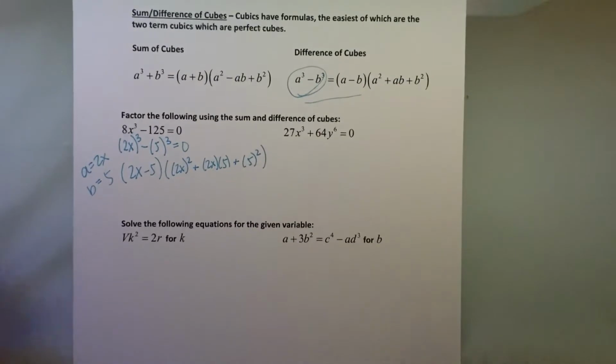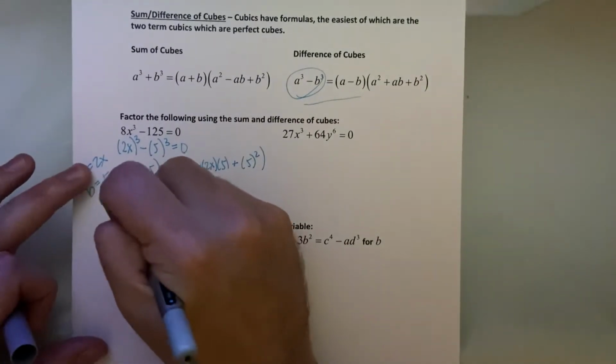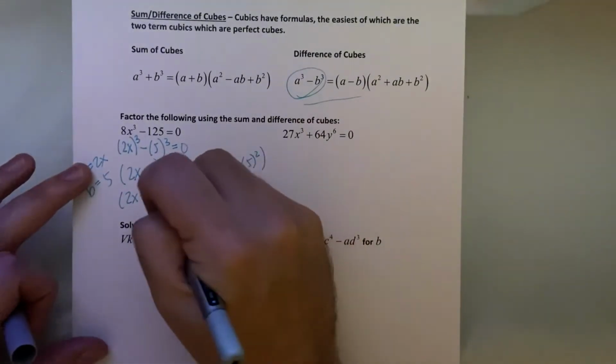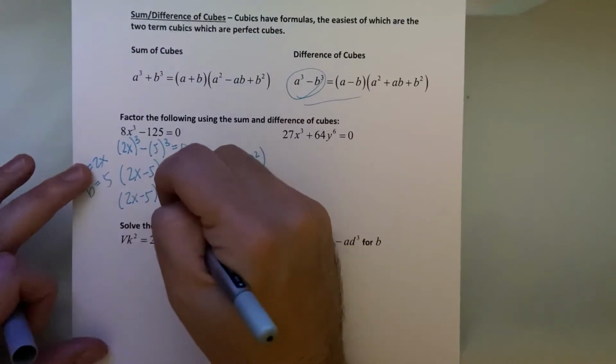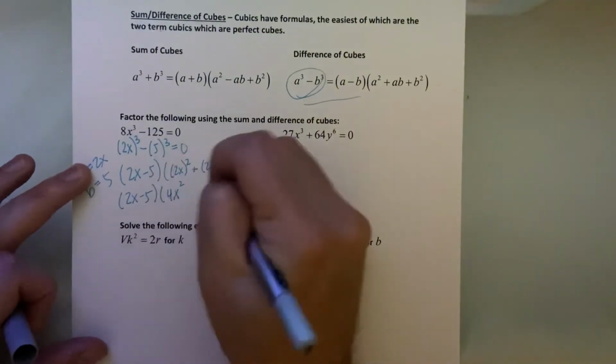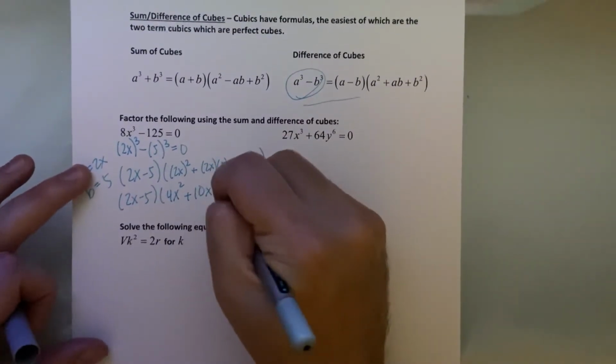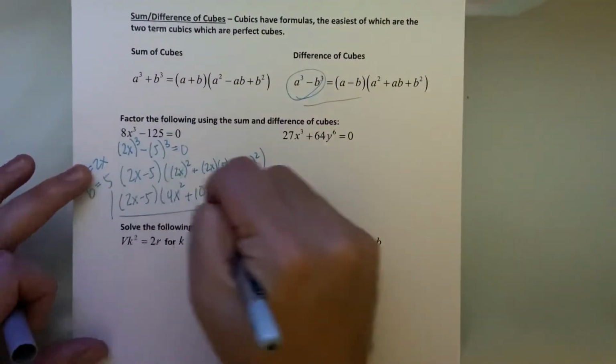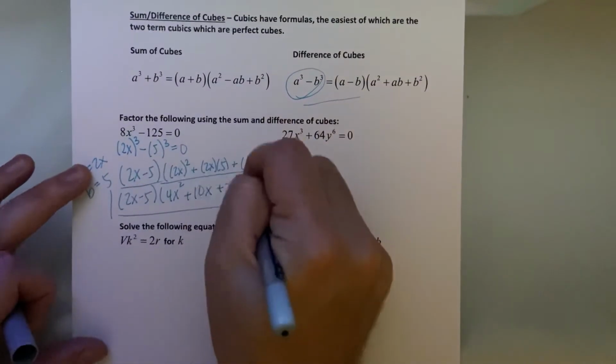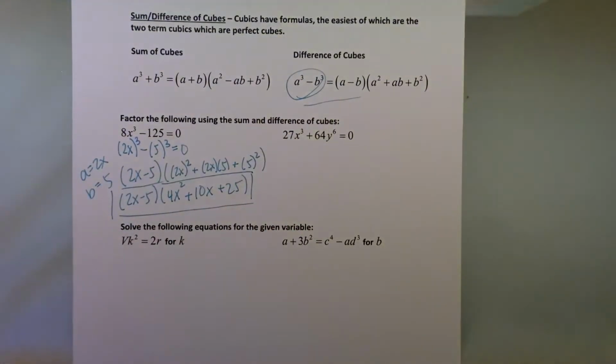And we can clean this up. 2x minus 5 times 2x squared, so 2x times 2x is 4x squared, 2x times 5 is 10x, and 5 squared is 25. You can check it by using the distributive property, but it will get back to 8x cubed minus 125.